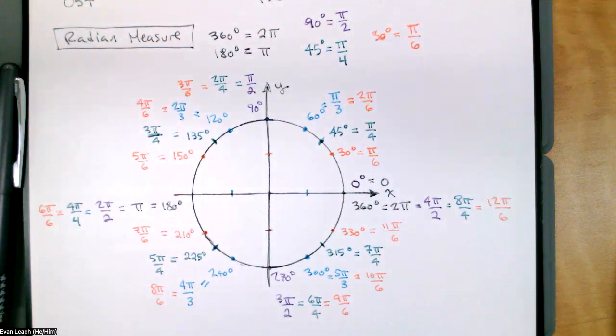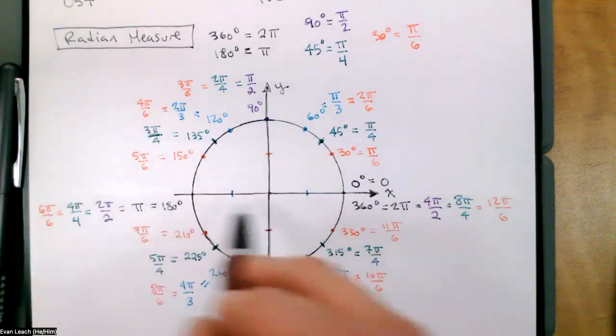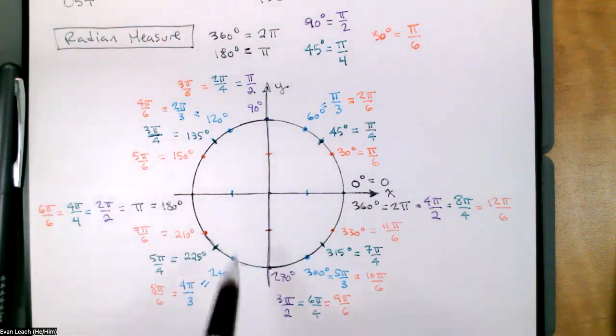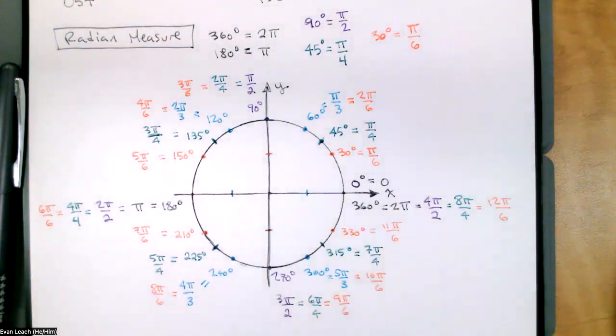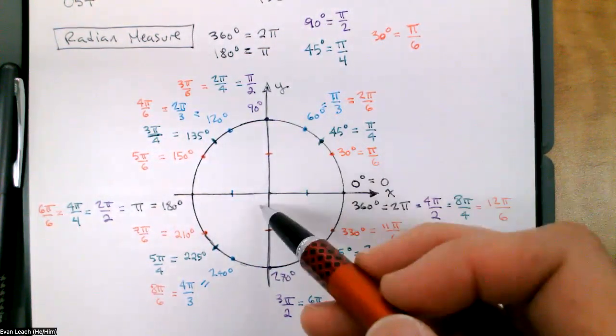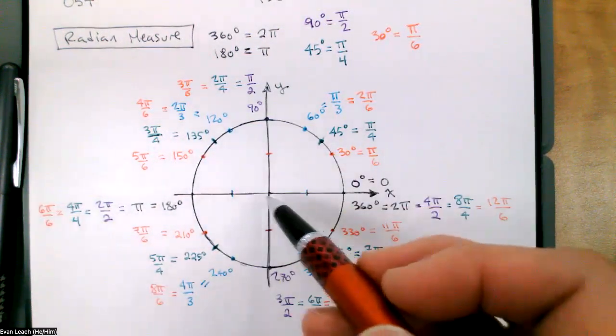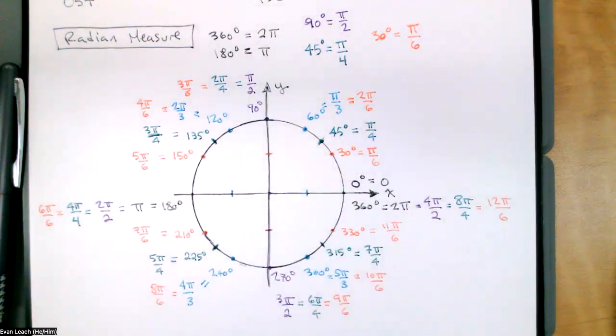Starting to get messy now because we've counted around in all these different ways. But if we count by 30s: 30, 60, 90, 120, 150, 180, 210, 240, 270, 300, 330, 360, just replace the 30 with pi over 6: 1 pi over 6, 2 pi over 6, 3 pi over 6, 4 pi over 6, 5 pi over 6, 6 pi over 6, and so on.